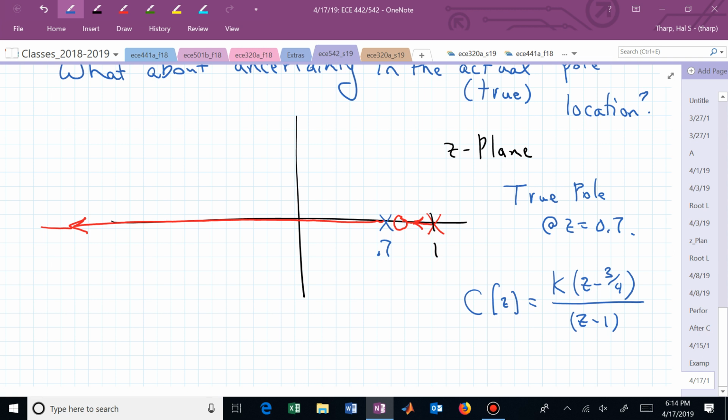And now we're asking the question, what if my plant was not really what I thought it was? What if the true plant, instead of having a pole at 0.75, had a pole at 0.7? So now we're returning to the earlier design, but looking at some hypotheticals. Let's see how robust this PI controller is to a plant that might not be as accurately described as what we had modeled before.